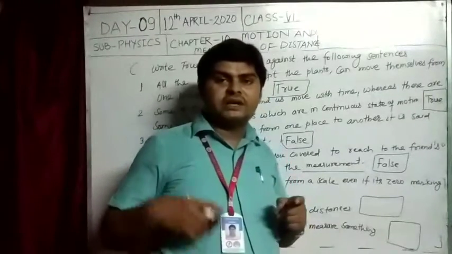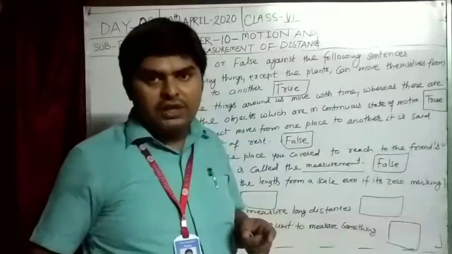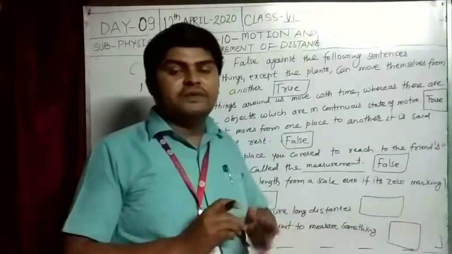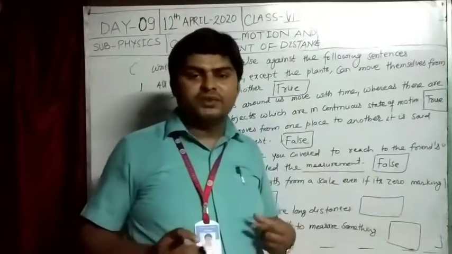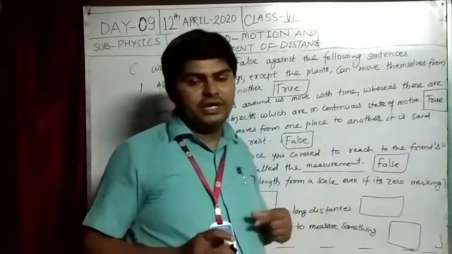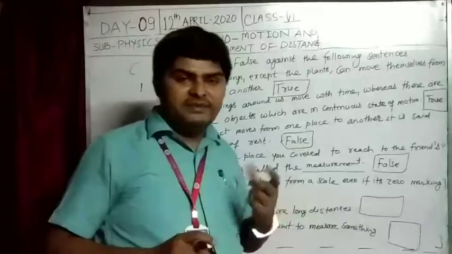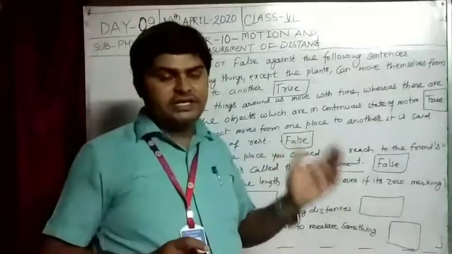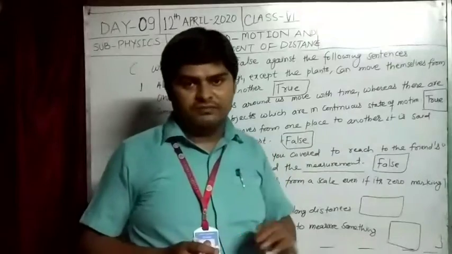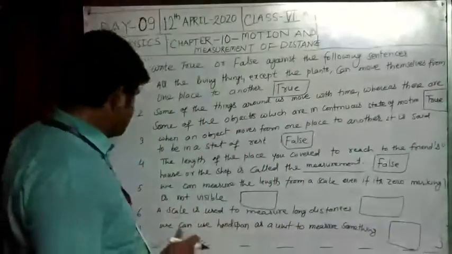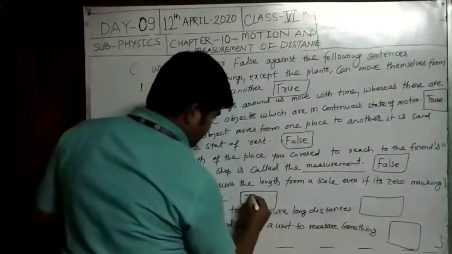That means you will start with reading 1 or 2, and finally you will subtract the starting marking position. Suppose that you will measure 5 cm and 0 is not visible. It starts from 1, then you will take the 6 measurement. So this is a correct statement, true statement.